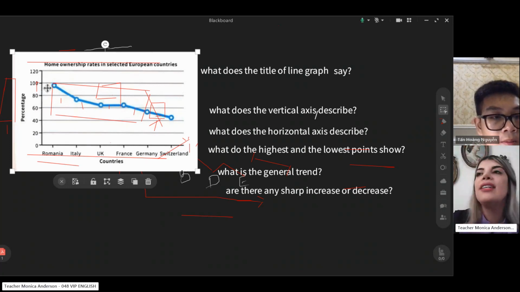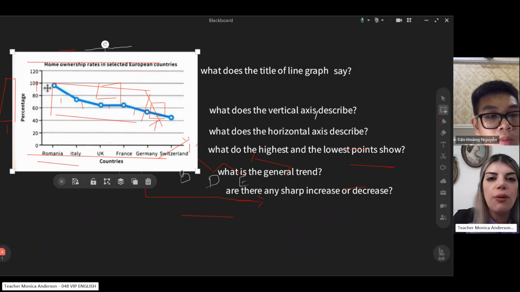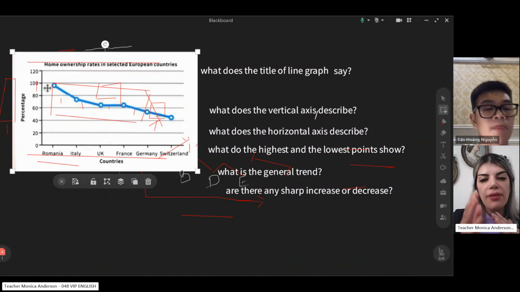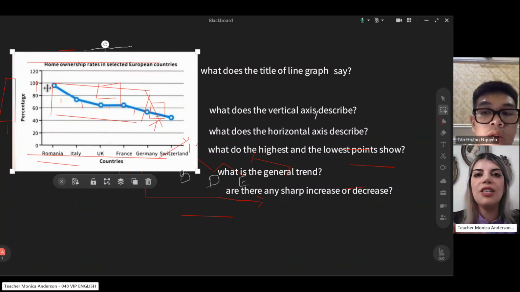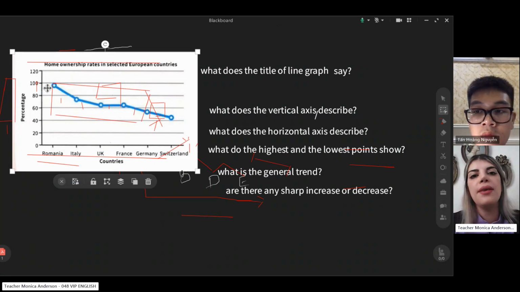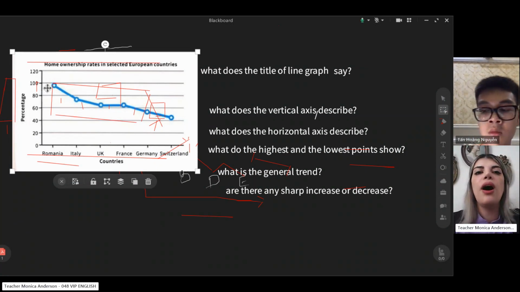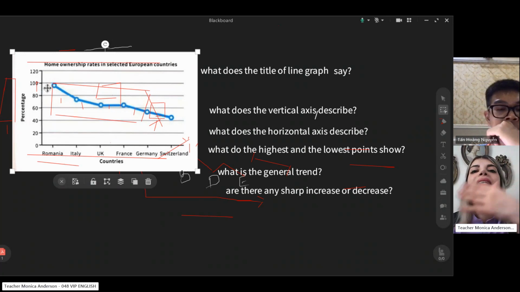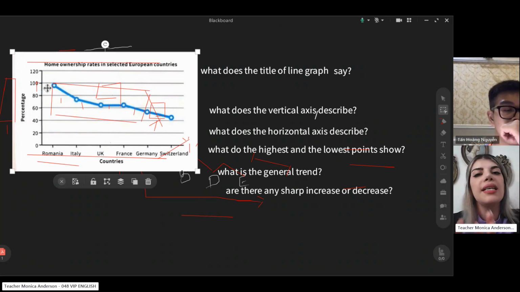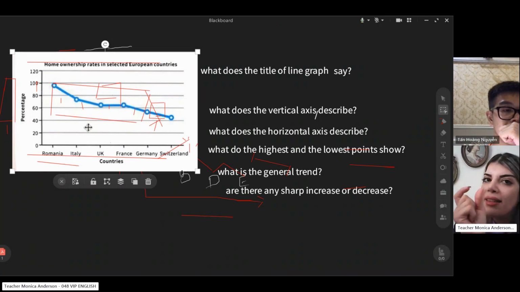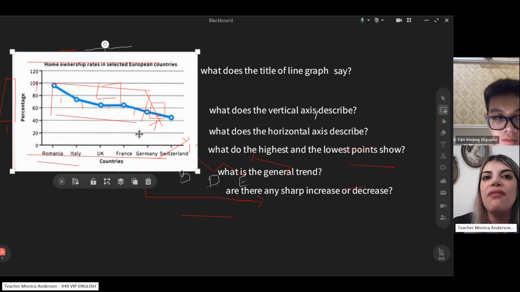After that, you compare them: in the middle, this part may have increased, but this one has decreased. And you need to talk about the final part of your chart and compare them. Which one has the most significant change?